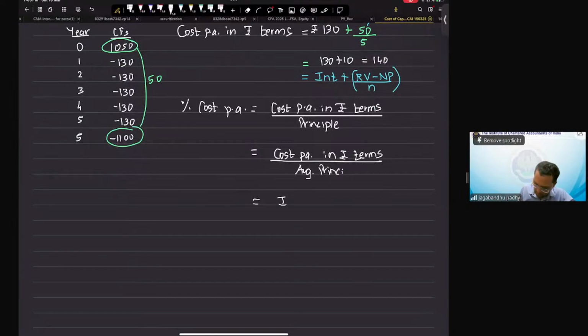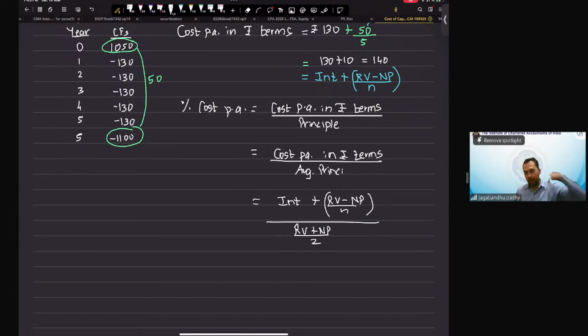Now, cost per annum in rupee terms is basically interest plus redemption value minus net proceeds upon n. How do I get the average principal? Average principal will be redemption value plus net proceeds by 2.